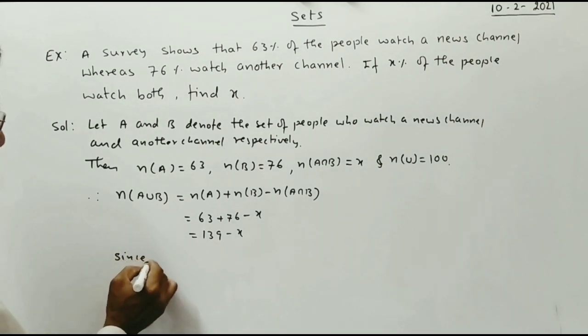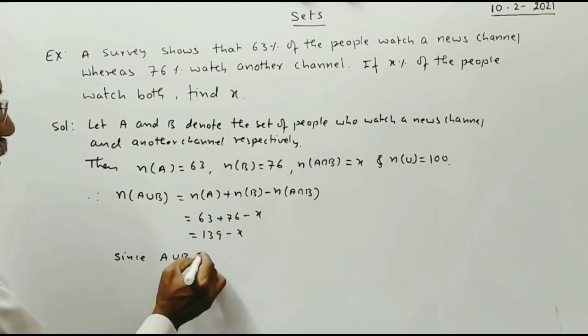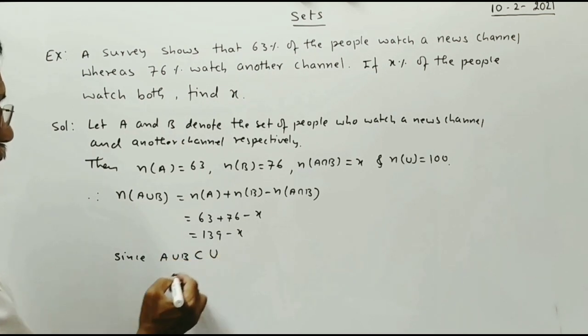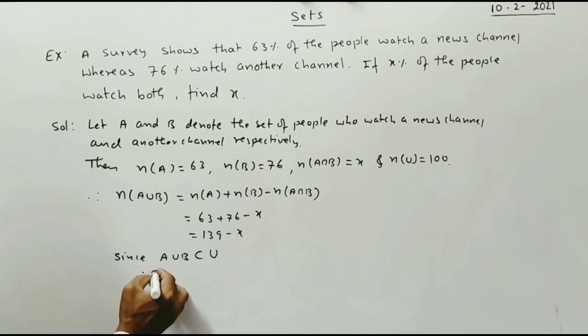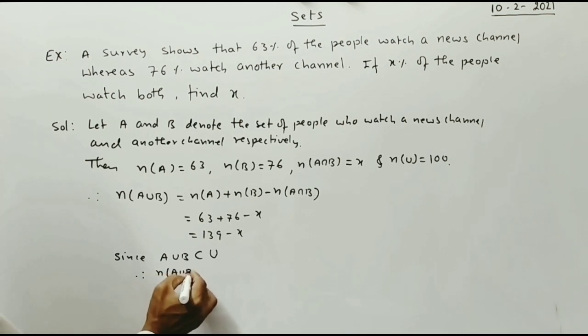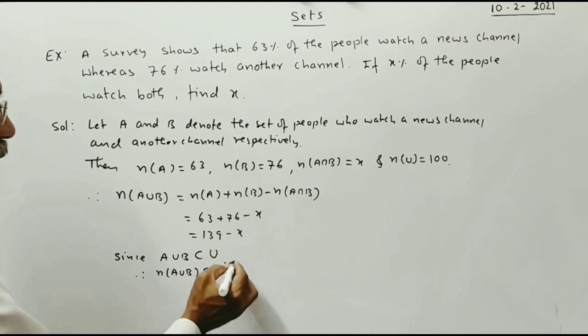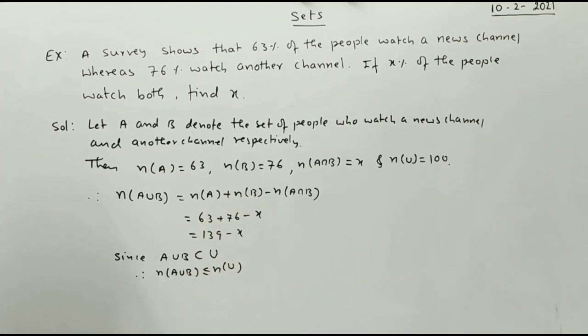Since A union B is a subset of U, therefore number of elements of A union B is less than or equal to number of elements of U. That is, 139 minus x is less than or equal to 100.